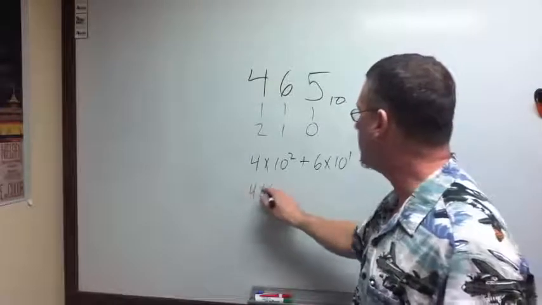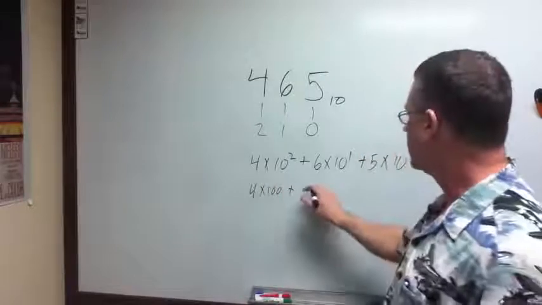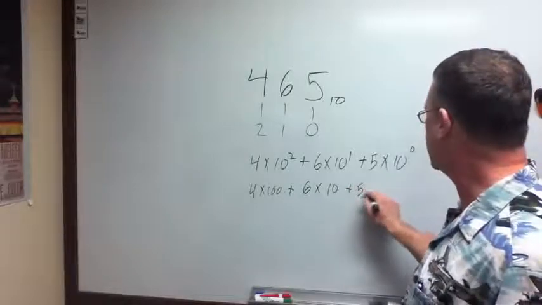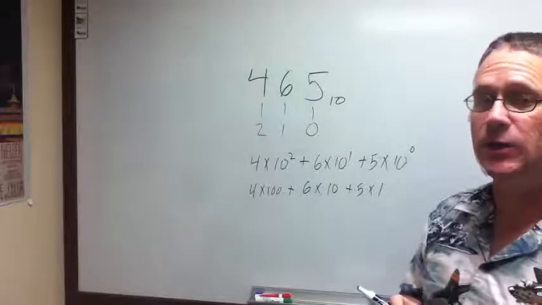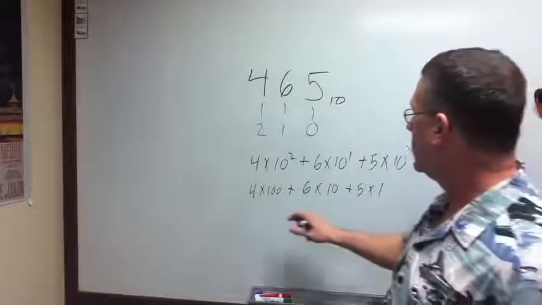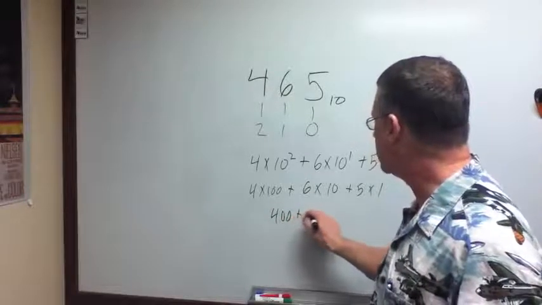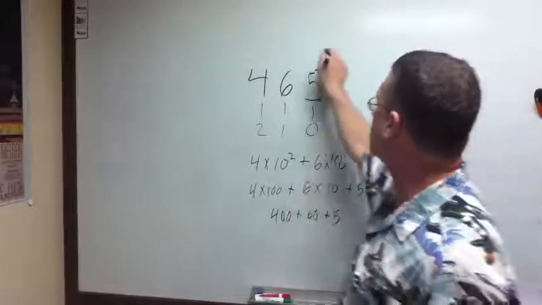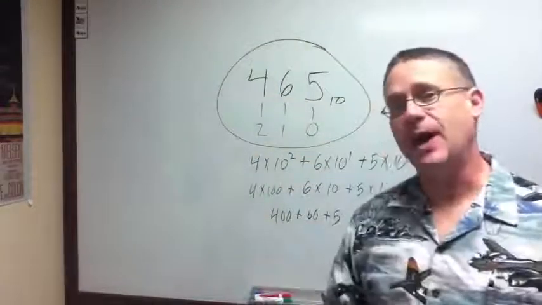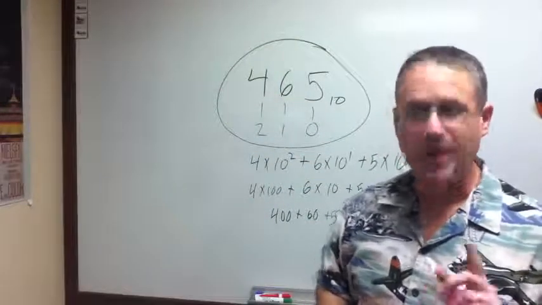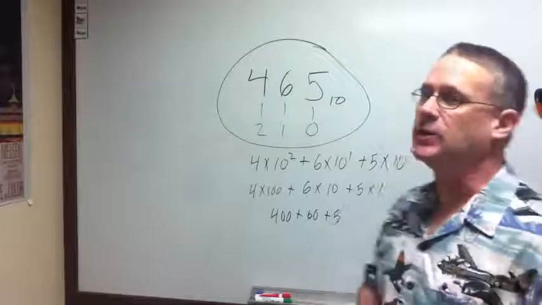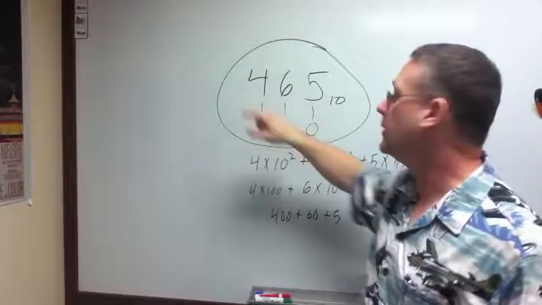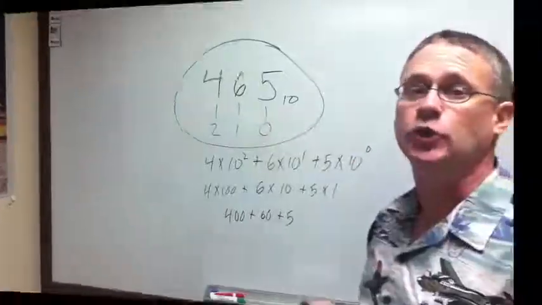Or 4 times 100 plus 6 times 10 plus 5 times 1, because anything raised to the 0th power is 1, or 400 plus 60 plus 5, which gives us our original number, 465. Luckily for us, binary works just the same way. The only thing really different is that we have a smaller number of digits to choose from, and we change the base from 10 to 2.